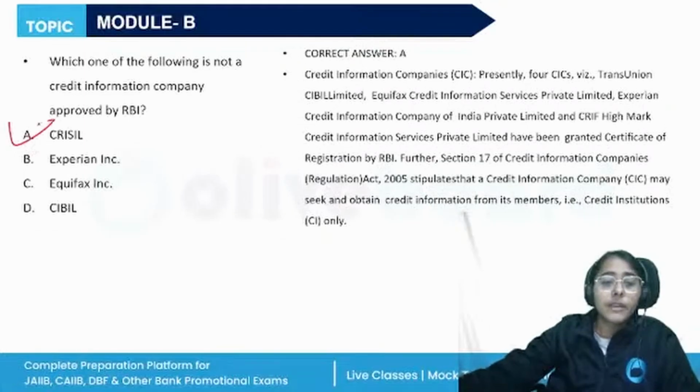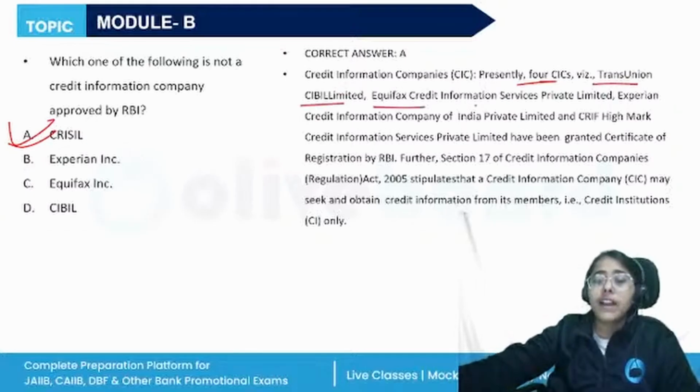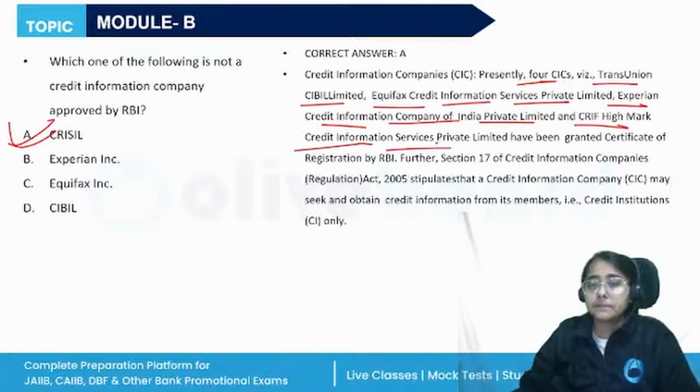The credit information companies, presently four, are the TransUnion Sibyl Limited, Equifax Credit Information Services Private Limited, Experian Credit Information Company of India Private Limited, and CRIF Highmark Credit Information Services Private Limited. All right. They have been granted certificate of registration by RBI.